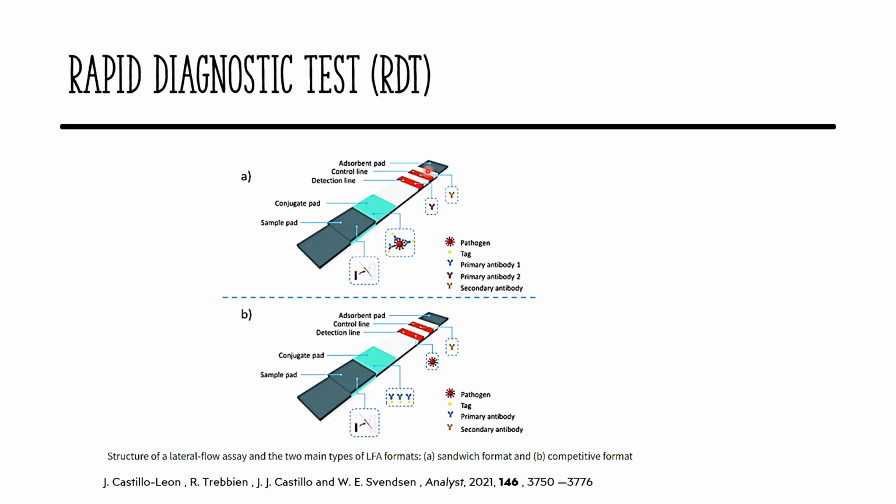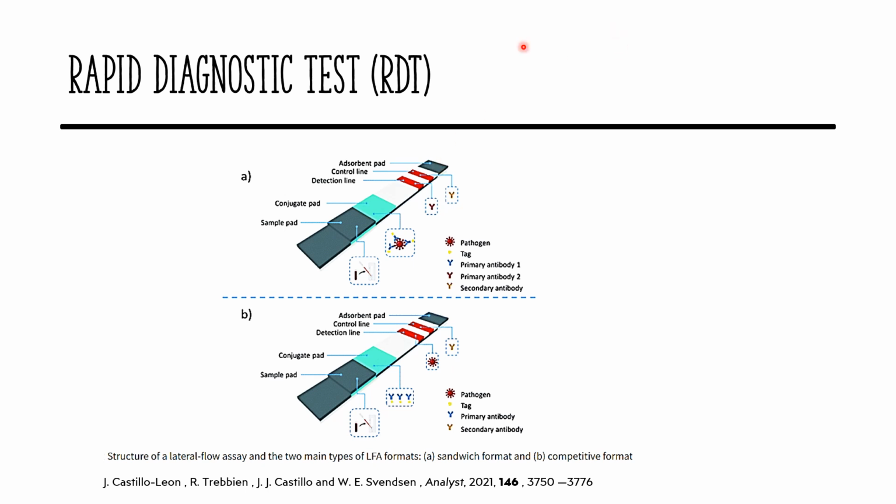A lateral flow assay strip has four main areas: the sample pad, where the sample is dropped; the conjugate pad, an area where biorecognition elements, antibodies, are combined with labeled tags; test and control lines, where color change indicates a positive or negative result; and the absorption pad, where excess sample and reagents are collected.